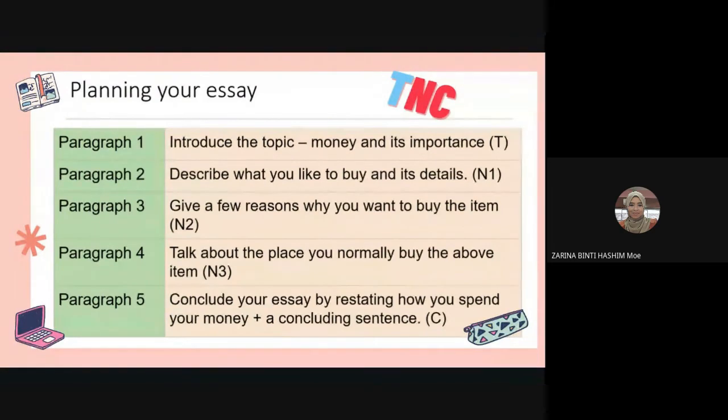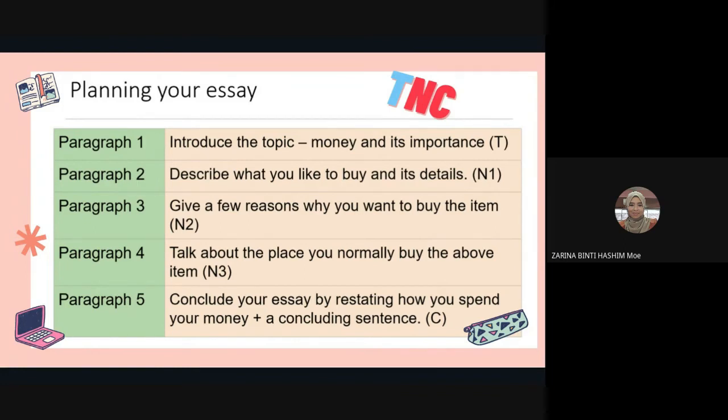Takkan just nak buat satu ayat je. At least 3 to 5 sentences in one paragraph. So this one you answering the main idea number 1. Here we don't put it as MI, I put it as N. N tu maksudnya apa? Note. Note 1. Ingat note 1, note 2, note 3. Sekarang dah note 11 kan? So ingat N for note.